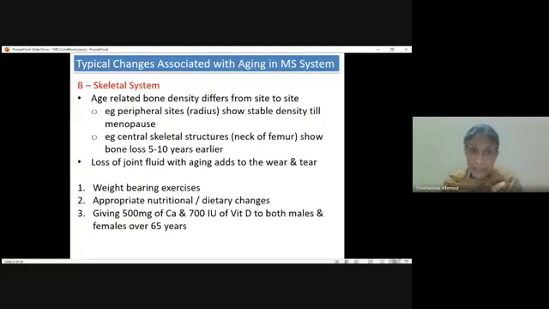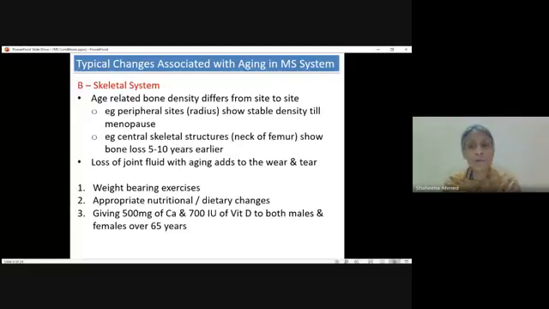Now, another thing that is going to be affected with age is your skeletal system. And what we see is that the axial skeletal system is affected much earlier as compared to your peripheral skeletal system.